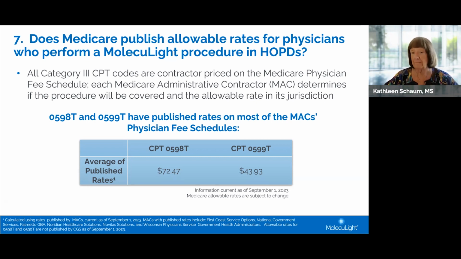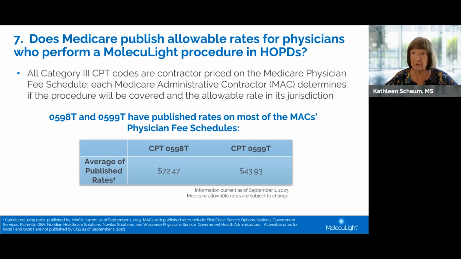The payment amounts differ per MAC and in some cases per state, but the national averages are $72.47 for 0598T and $43.93 for 0599T. This information is current as of September 1, 2023, and is subject to change.